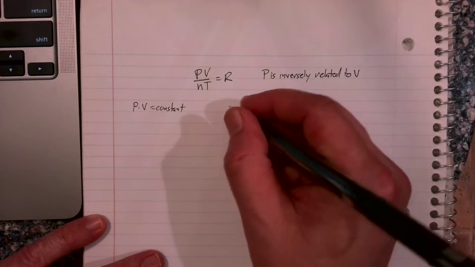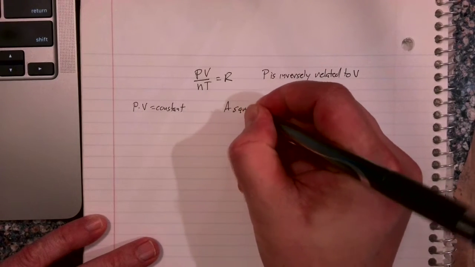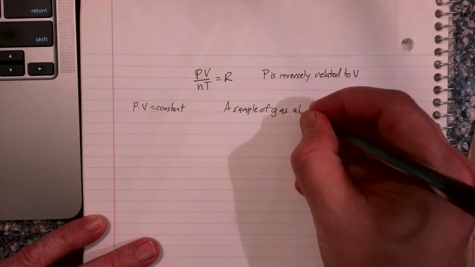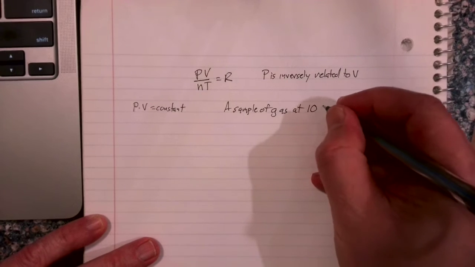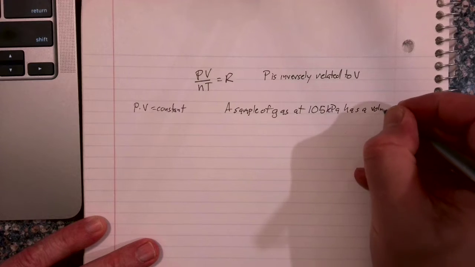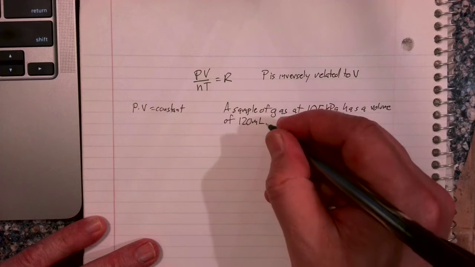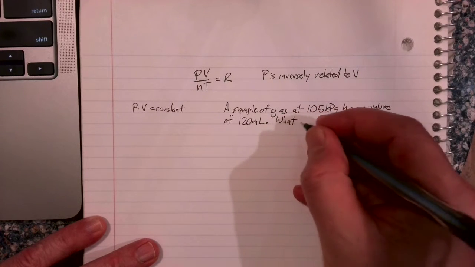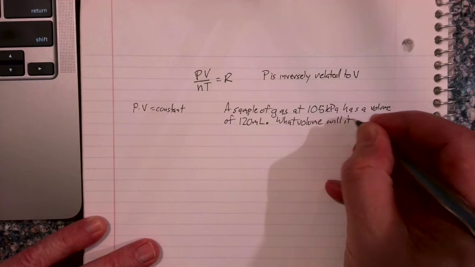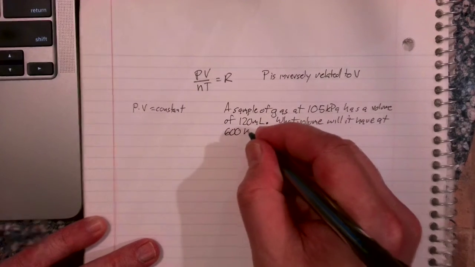And so that means that if you have a problem like a sample of gas at 105 kPa has a volume of 120 milliliters, what volume will it have at, I don't know, 600 kPa?